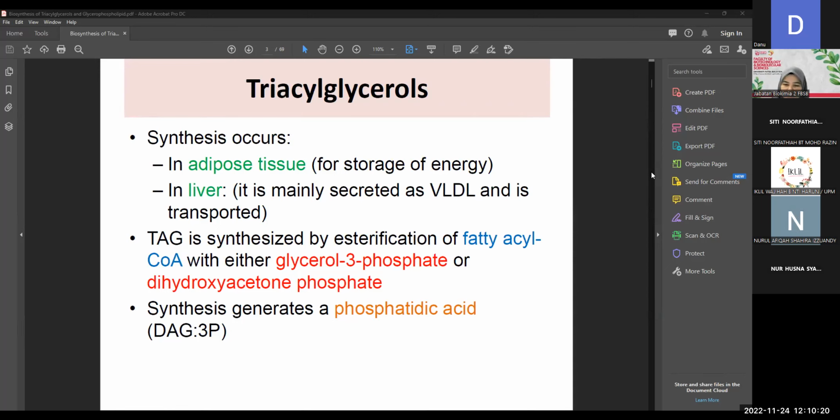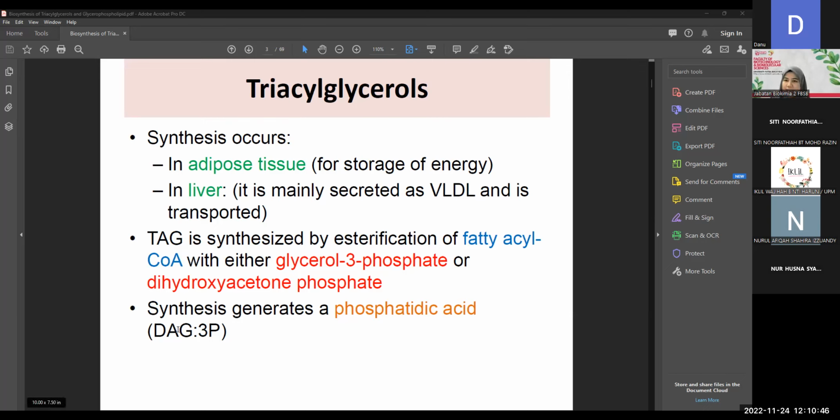Okay, all right. Triacylglycerol is synthesized by esterification of fatty acyl-CoA with either glycerol 3-phosphate or dihydroxyacetone phosphate. Do you still remember this molecule, DHAP? One of the intermediates in glycolysis.